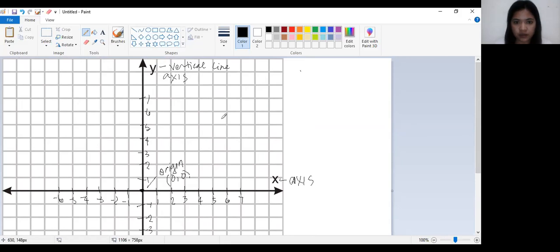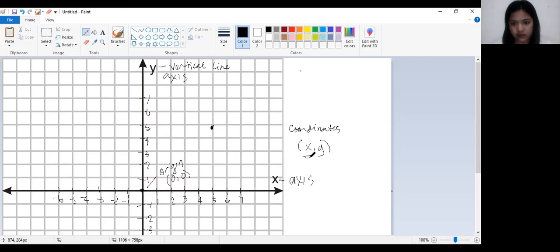So, kapag may point kayo sa coordinate plane, okay, so ang tawag natin dyan ay coordinates. So, meron yan, x and y.